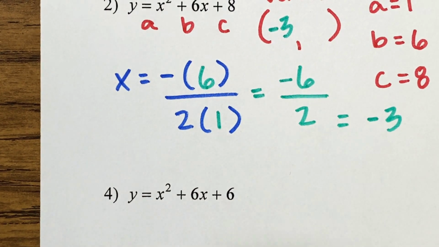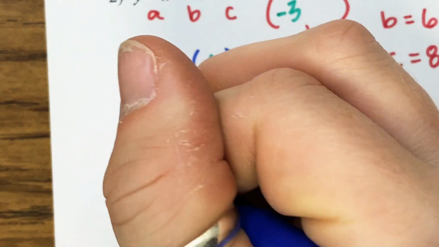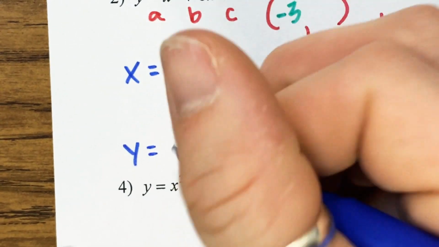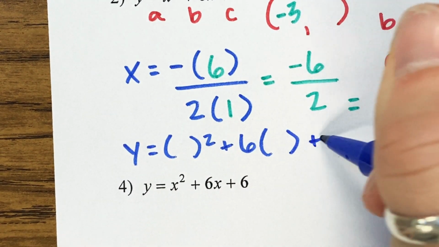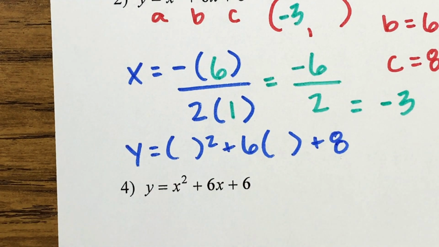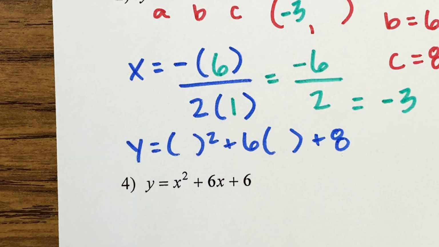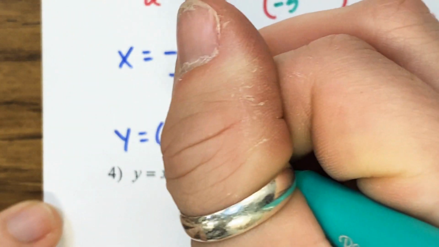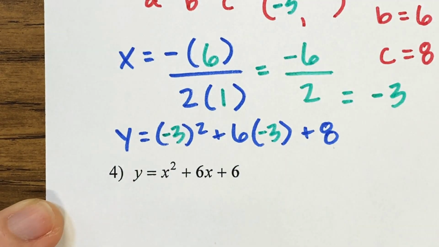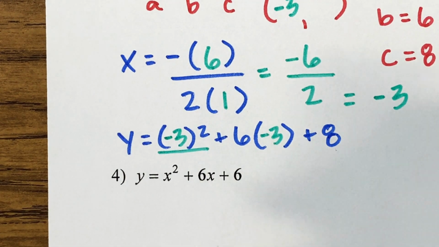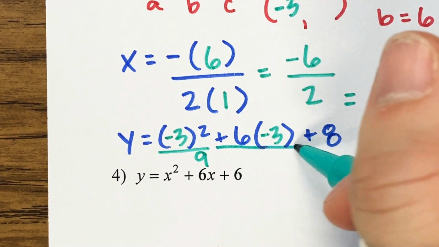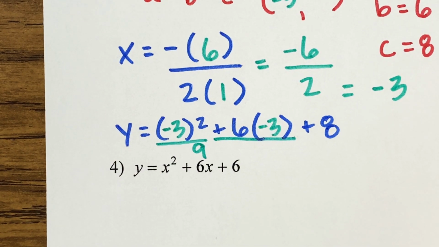So now we have y equals x squared plus 6x plus 8. And everywhere I have that x space, I'm going to plug in negative 3. What is negative 3 squared? What's negative 3 times negative 3? We're going to get positive 9. What's positive 6 times negative 3?